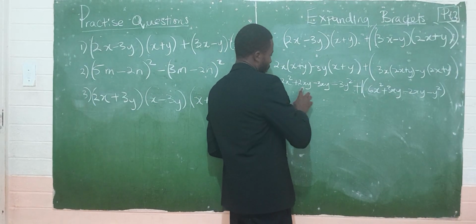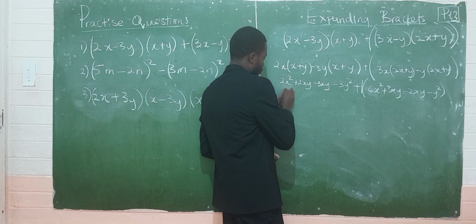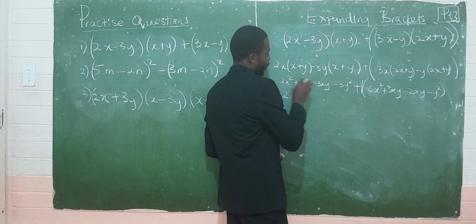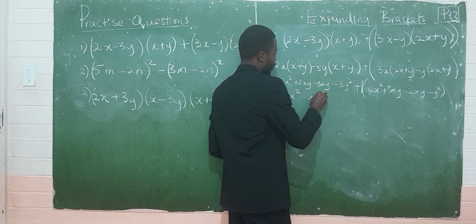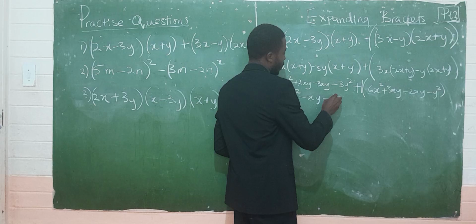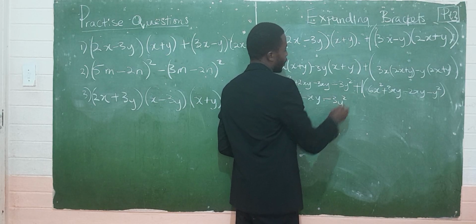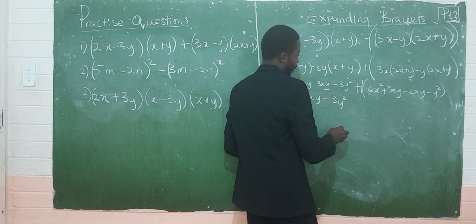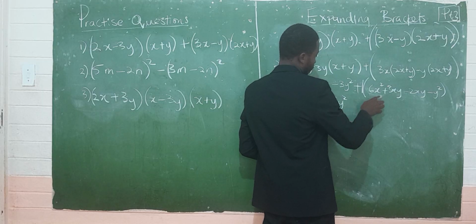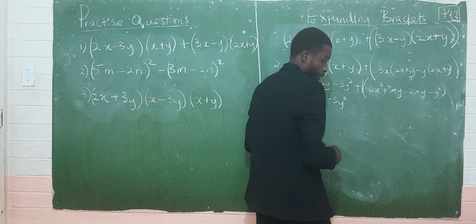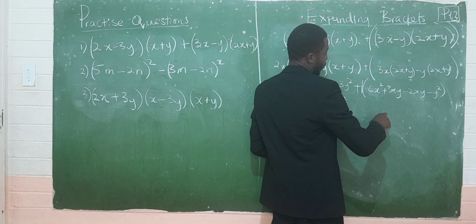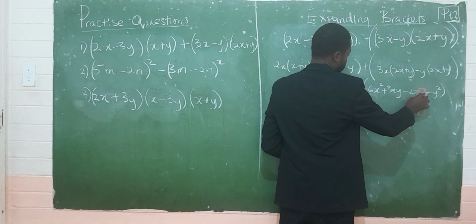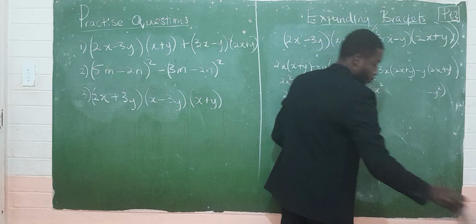Maybe I may clean up this part. That will be 2x squared plus 2xy minus 3xy gives me minus xy. Of course, this will be minus 3y squared. And I can also just simplify this part. 3xy minus 2xy gives me just 1xy.